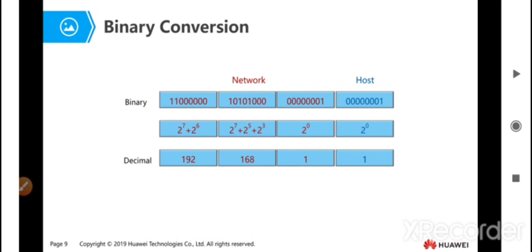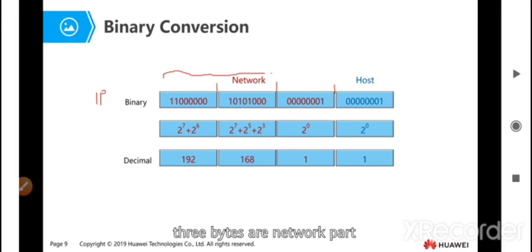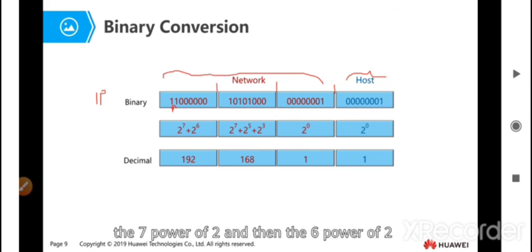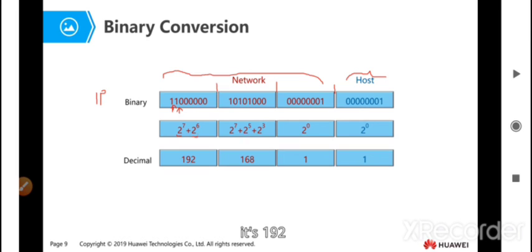And then in the IP address, for example, this is an IP address. The IP address has 4 bytes. Here, 3 bytes are the network part and 1 byte is the host part. How do we calculate this? This is 2 to the power 7 plus 2 to the power 6, which we calculate as 192.